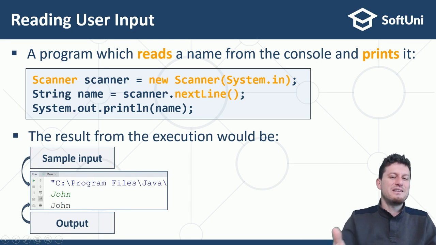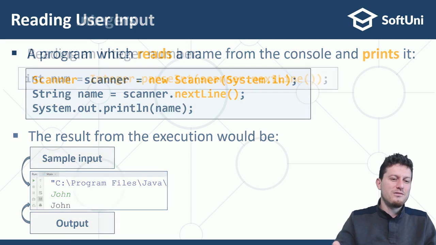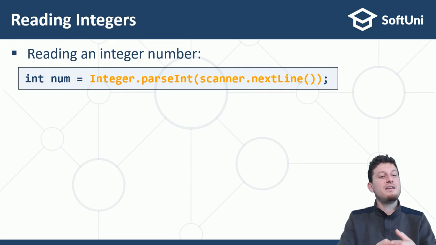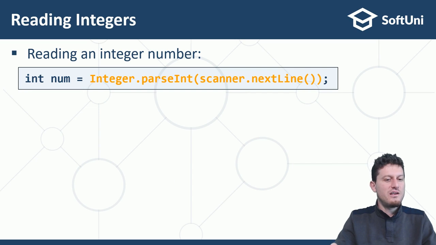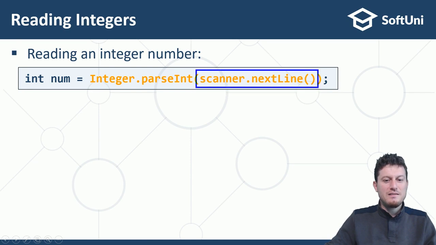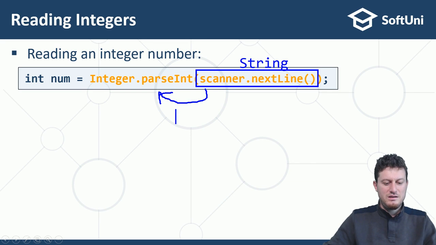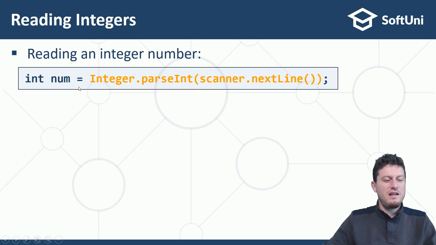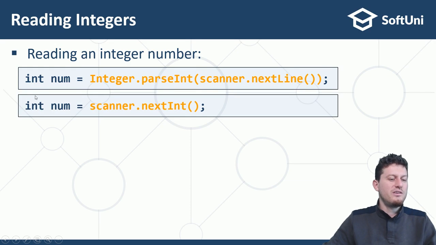I already demonstrated this, so I will go further about reading integers. Reading integers is something like, please read the next line, which is a variable of type string, and then convert it to integer using Integer.parseInt, and later use this number. Or this might be done shorter with scanner.nextInt, please read the nextInt.